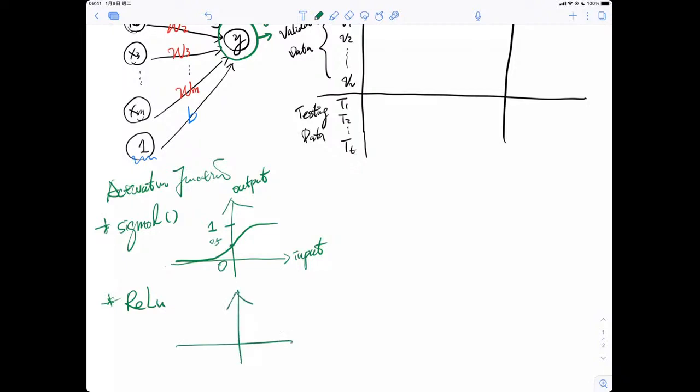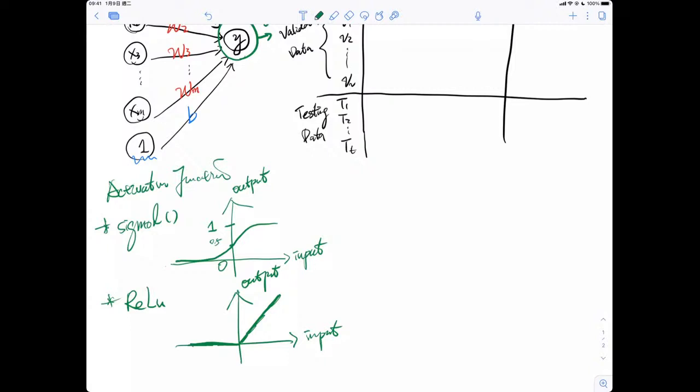ReLU looks like this: input, output. ReLU means we ignore all the information received by the previous node if it is negative.